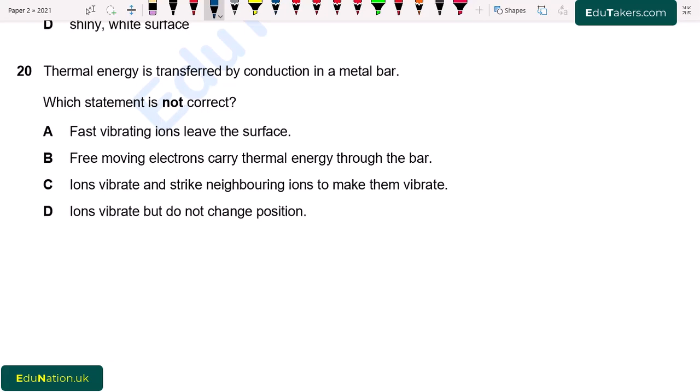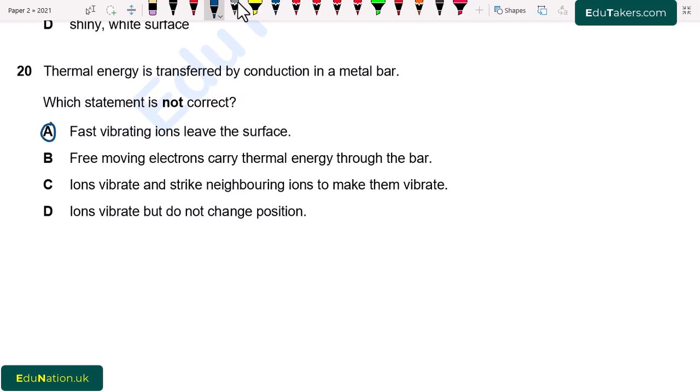Question number 20. Thermal energy is transferred by conduction in a metal bar. Which statement is not correct? A. Fast vibrating ions leave the surface. So here we have to circle out the incorrect statement, which is A, because fast vibrating ions cannot leave the surface.